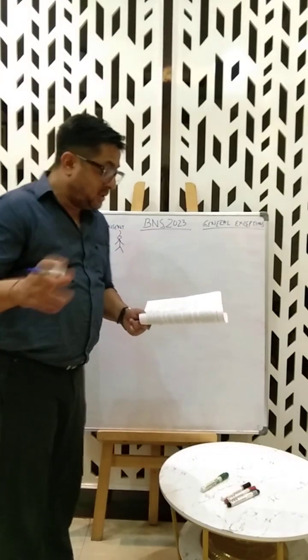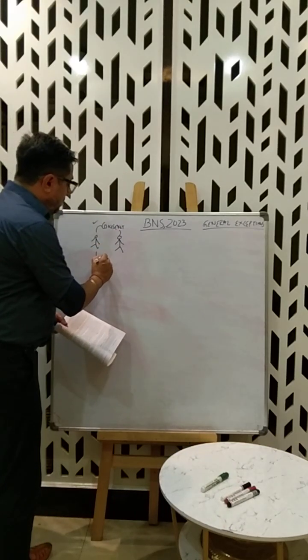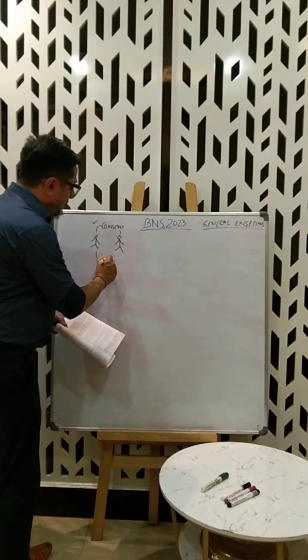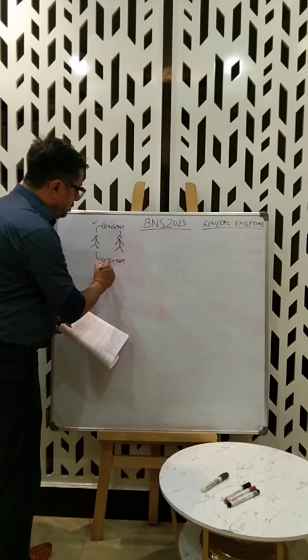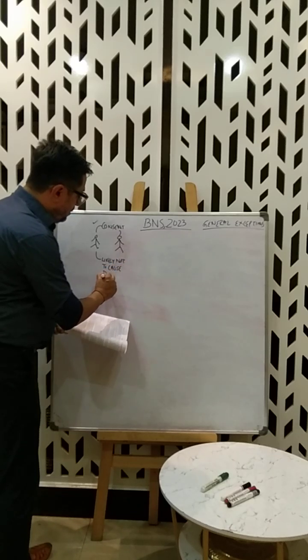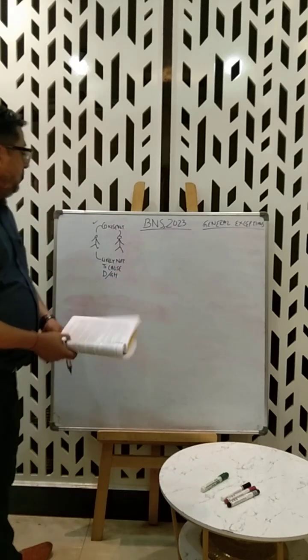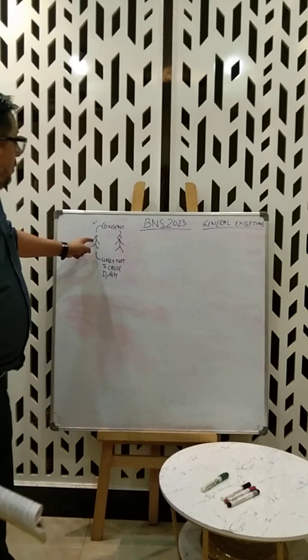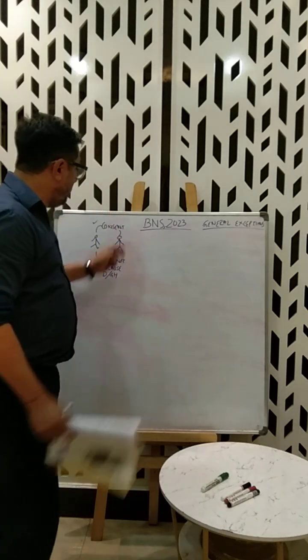They do something by consent and it is likely not to cause death or grievous hurt. Alright, this fellow consents with this fellow, whatever consent they have, to do some act.